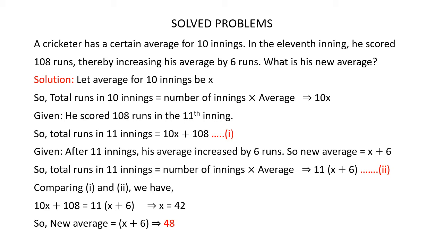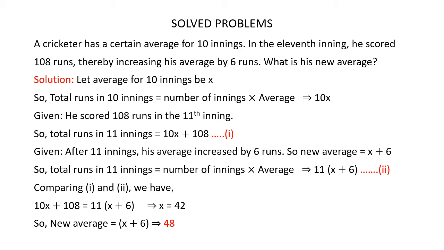So we know that the average for 10 innings is x, and now his average has increased by 6. So the new average is x plus 6. So total runs in 11 innings is equal to number of innings multiplied by average. This is 11 multiplied by (x plus 6). This is the second equation.